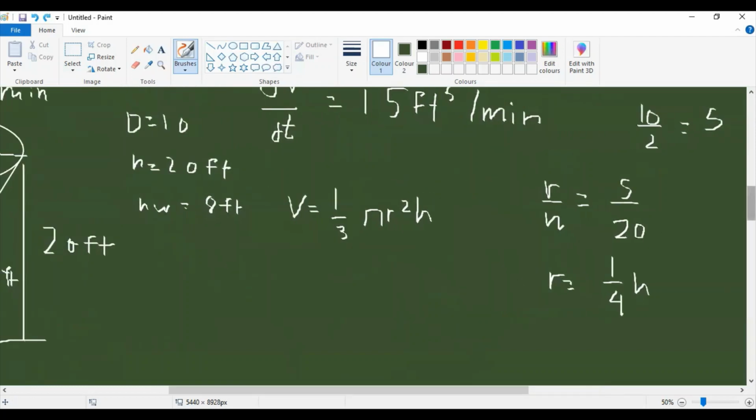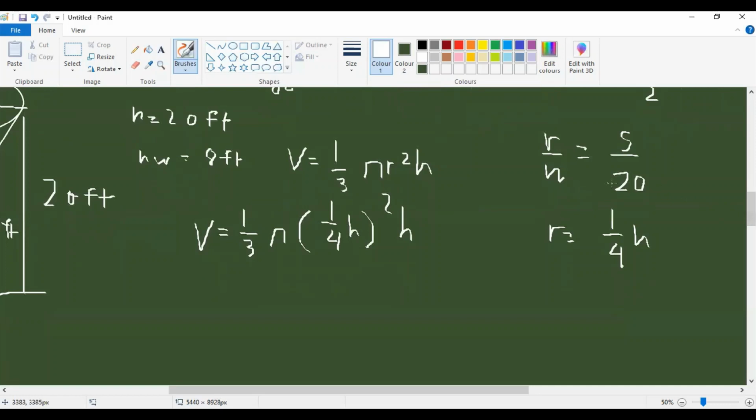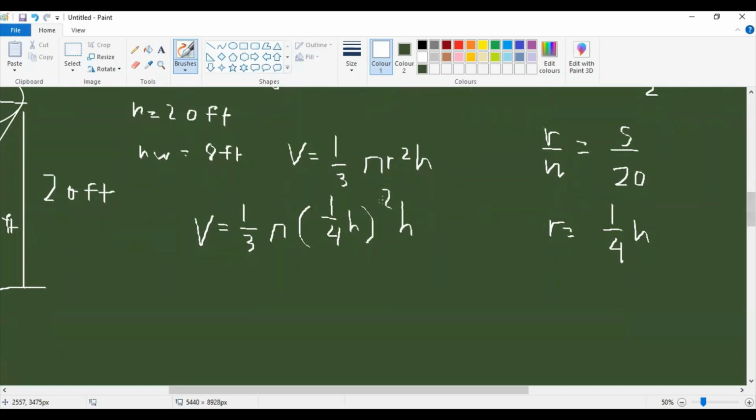So we will substitute everything that we have necessary for the problem. The volume becomes 1/3 pi, and we substitute the r with 1/4 h, and square it and times the height of the water. Then what's the next step? Of course, we need to simplify this one.